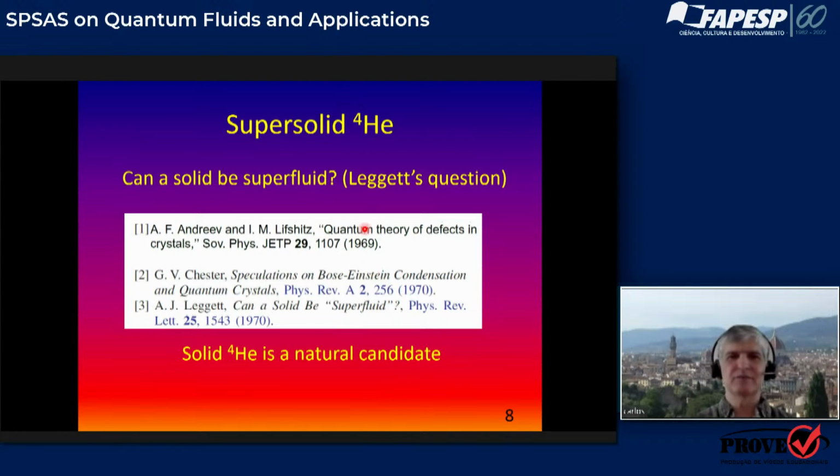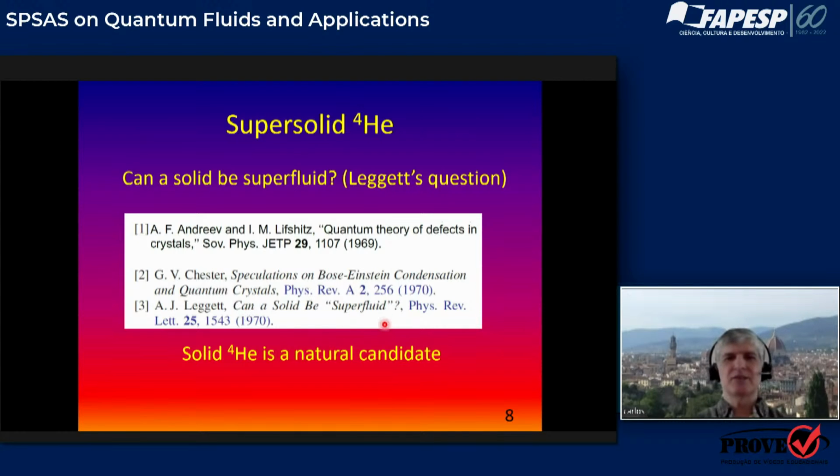But the very first serious analysis and calculations were done by these 4 gentlemen here, these 3 papers. Andreev and Lifshitz already discussed the possibility of supersolidity in a paper in 1969. Then Chester and Leggett in 1970 discussed the possibility of supersolidity.